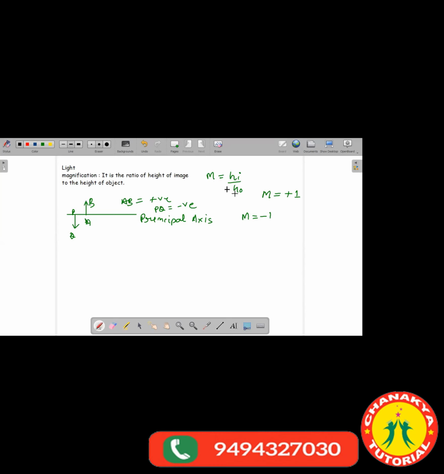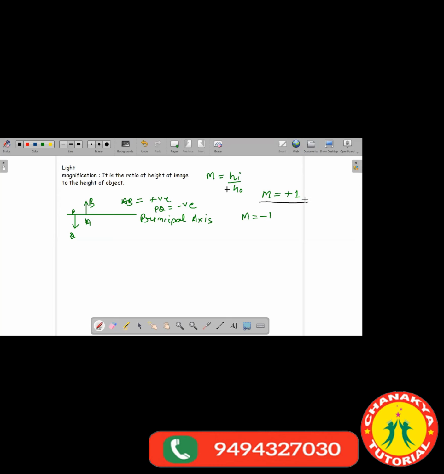If height of image is positive, we get a positive magnification, and if height of image is negative, we get a negative magnification.